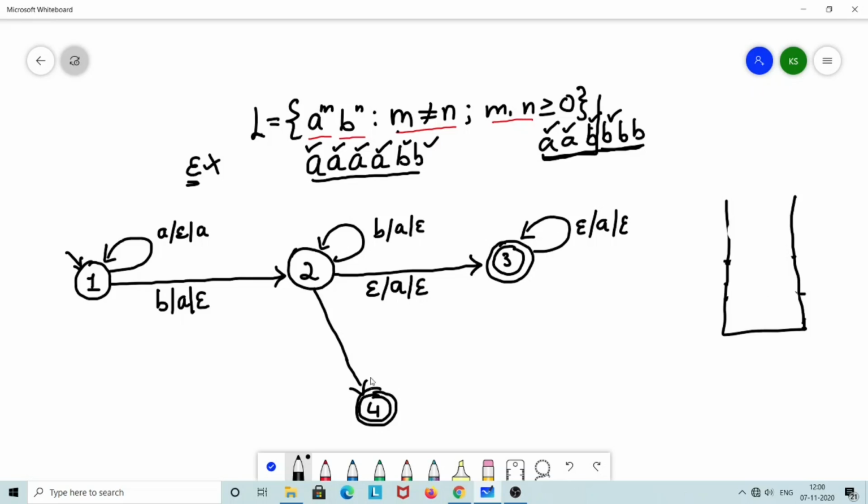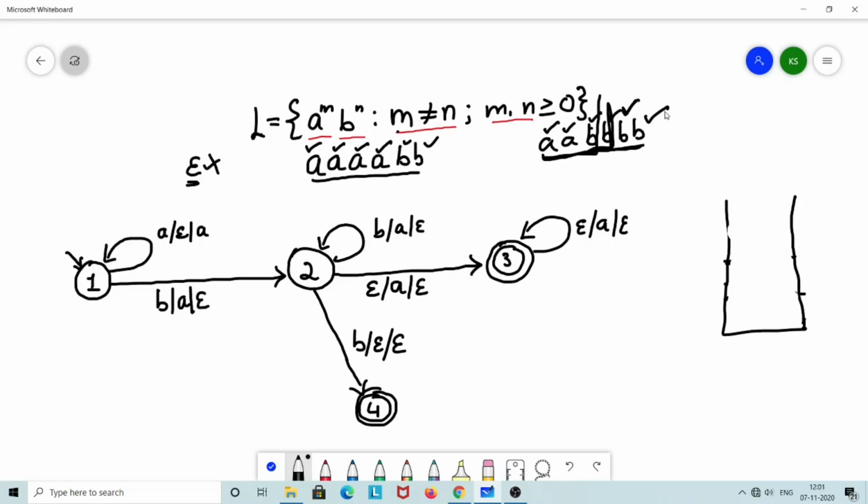So for this B, I'll go to state 4 by not performing any push nor any pop operation. The third B is ignored; it is consumed, and the transition is made to state 4, right?